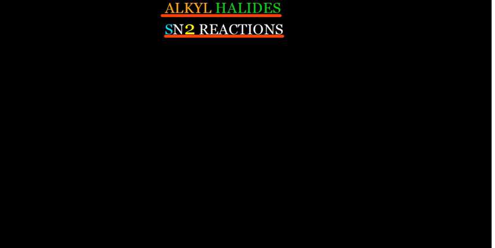Let's say we have got a carbon which is bonded to a bromine here, and we can have other compounds there and here, anything will do. Then we are reacting this with another substance, let's say a nucleophile.